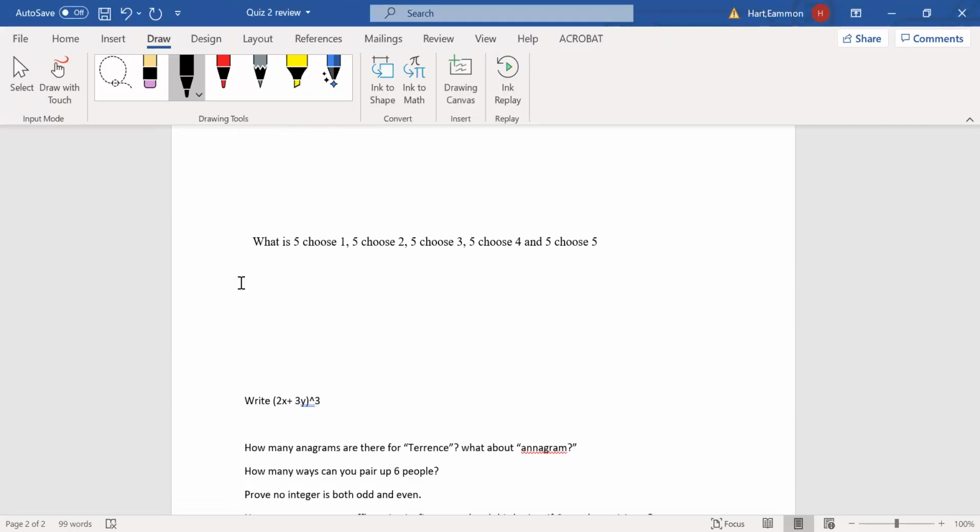So what is 5 choose 1? Someone want to tell me the factorial definition for this?